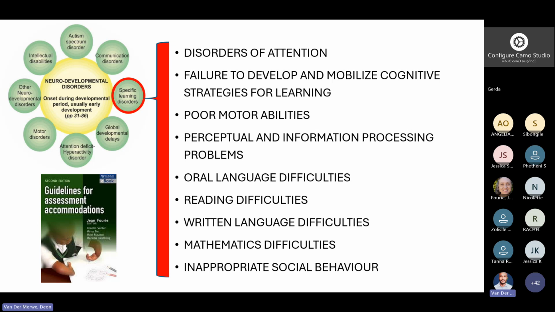And then we have the reading issues, where a learner perhaps struggles with reading comprehension, or decoding of words, or even reading fluency. And then we have writing struggles, where the problems can manifest in terms of spelling, handwriting, and writing effectively.